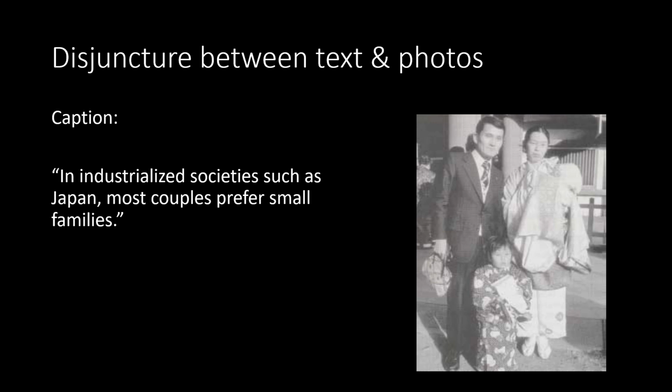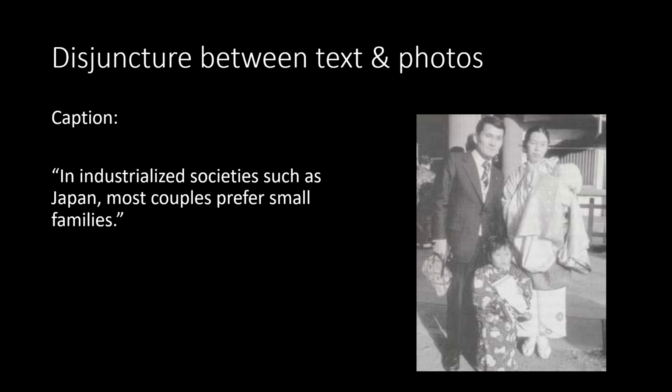So there's some traditionalism represented here, but the caption might read something like, "In industrialized societies such as Japan, most couples prefer small families." Indeed, the photo does show a small family here, but it's not an everyday setting, right? So whether this brings out this image of industrialized societies is questionable here. So this is a case of a disjuncture between text and photos.